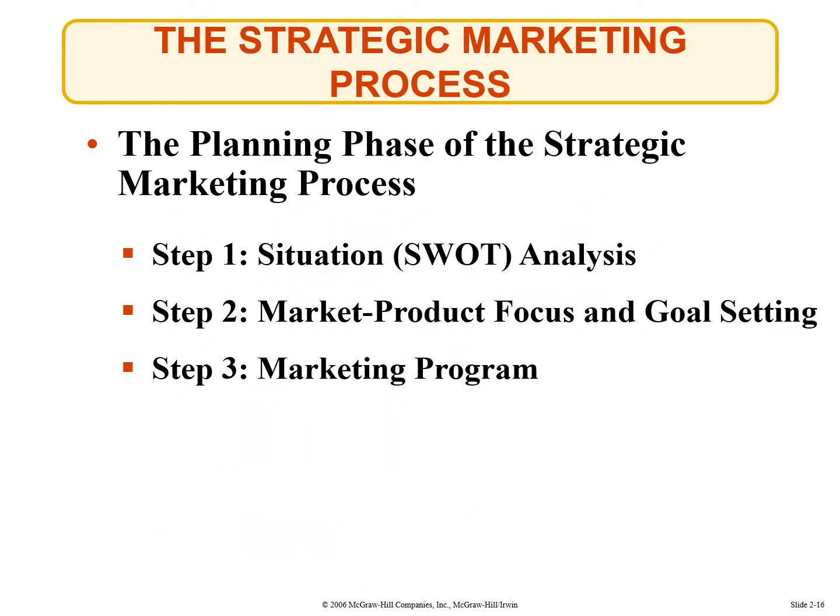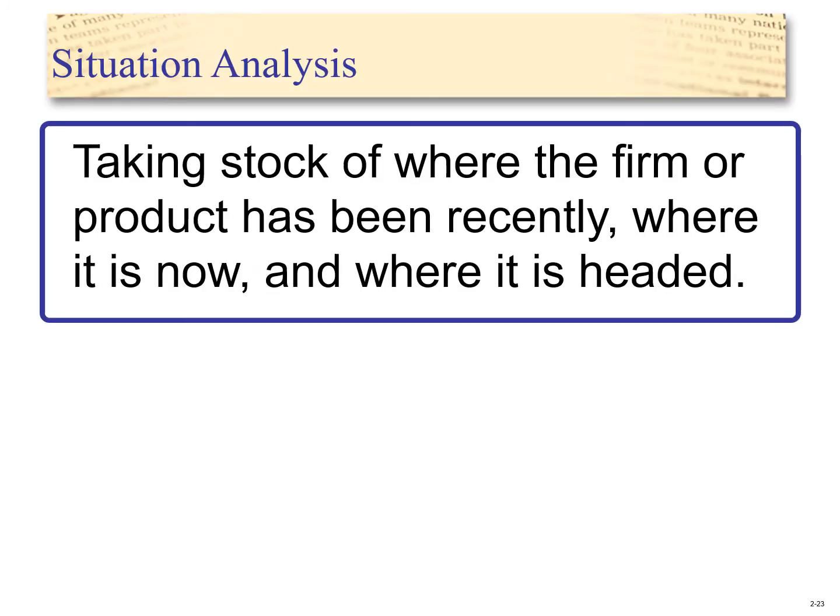Now, the planning phase of the strategic marketing process involves 3 steps. Step number 1 is situation analysis and SWOT analysis. Situation analysis, as the name suggests, is basically talking about the situation your organization is in, so where it is now and where it is headed.